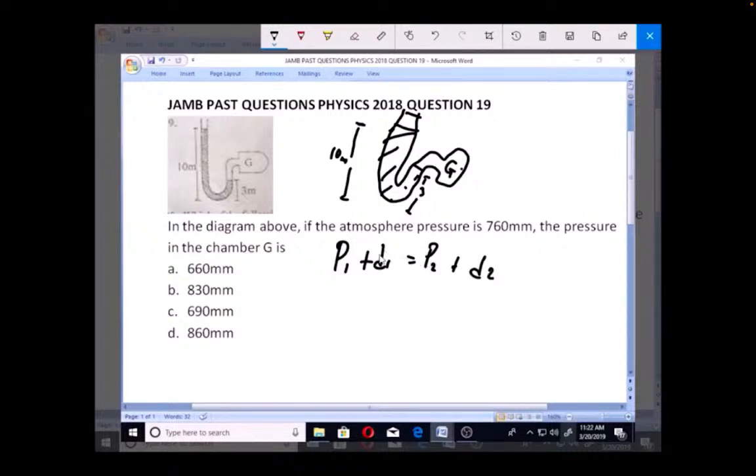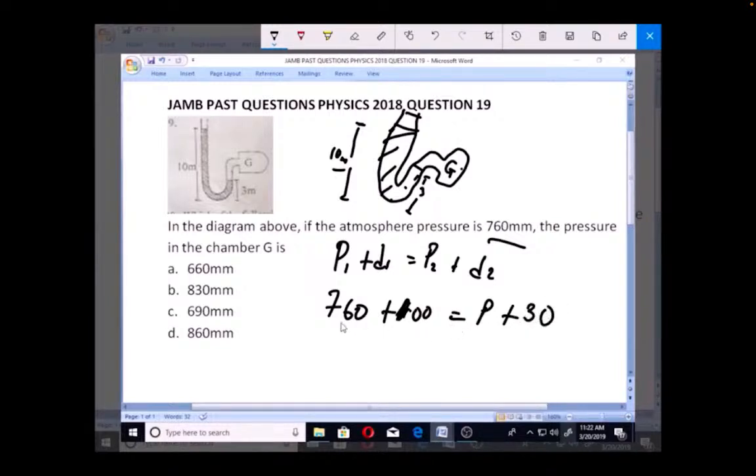So pressure 1, as given here, is the atmospheric pressure, which is 760 millimeters, plus D1, which we can see here is 10. If we convert this 10 to millimeters, it gives us 100 millimeters. So we have 100 millimeters equal to P2, which is what we are looking for, plus D2, which is 3. If we convert this to millimeters, we have 30.